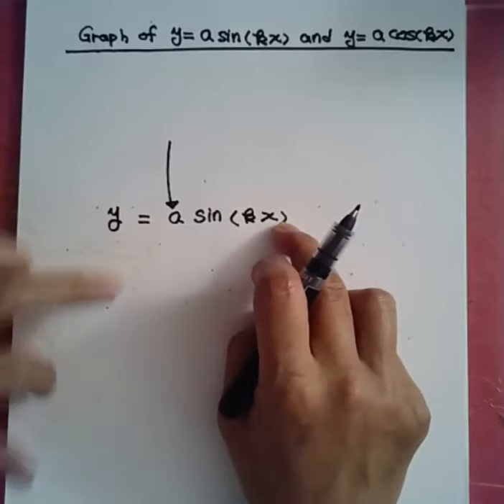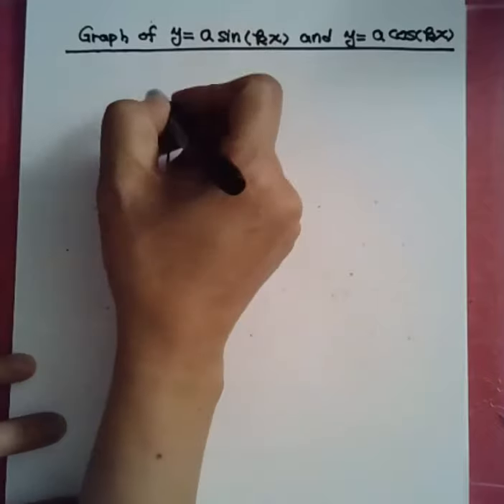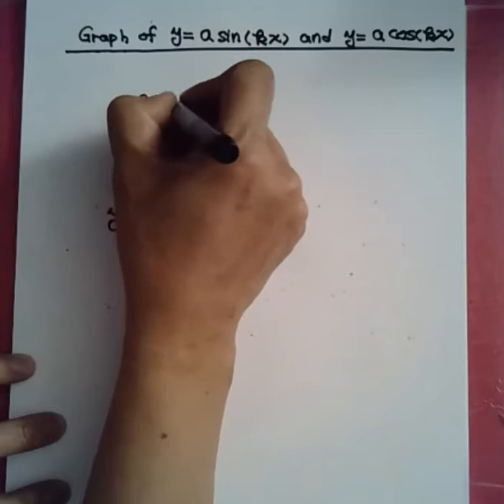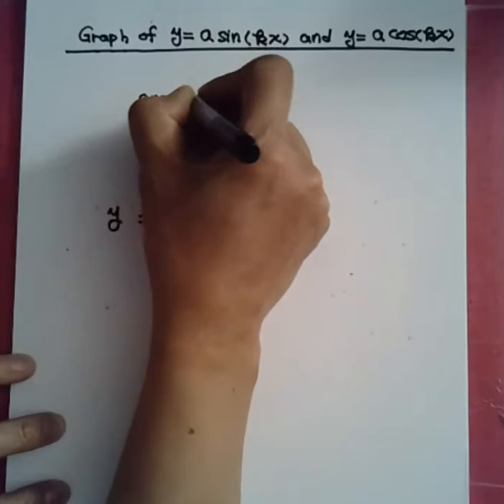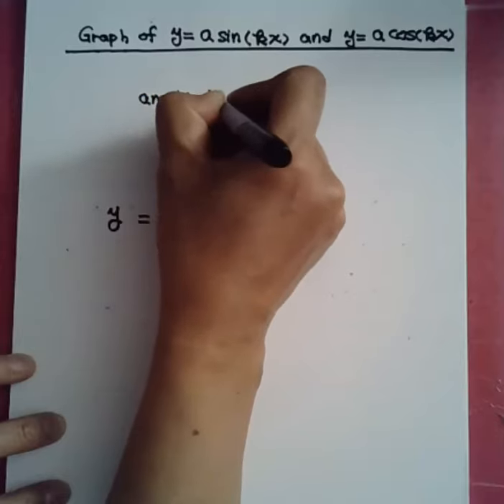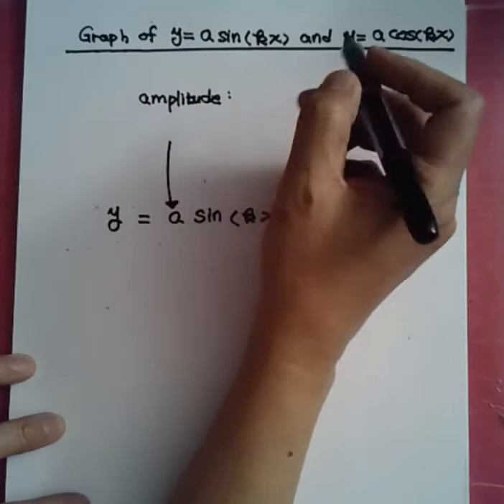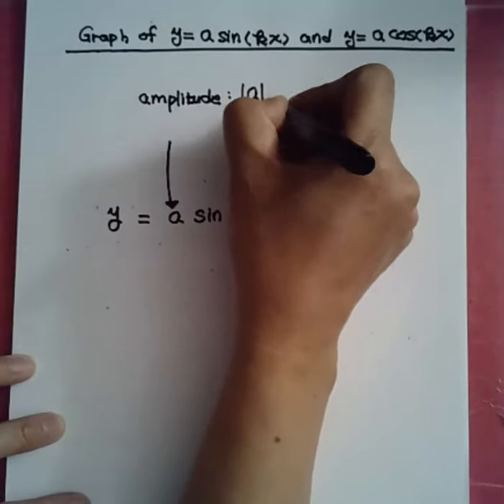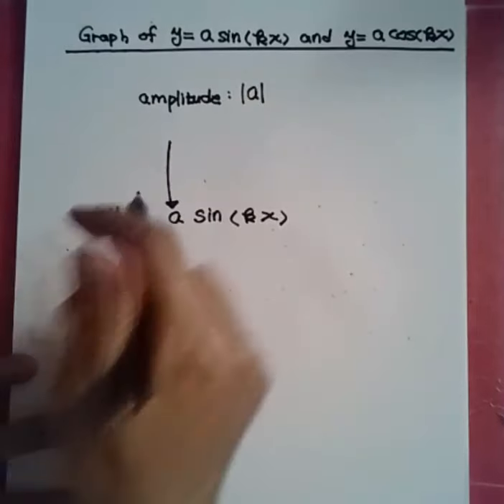So it also changes the amplitude, how tall the graph can be. If a is multiplied, then the amplitude is the absolute value of a.